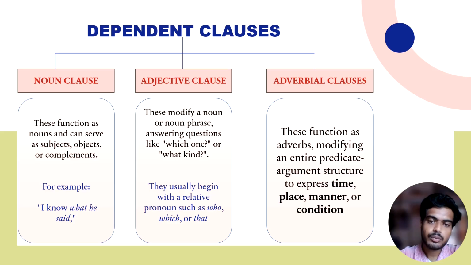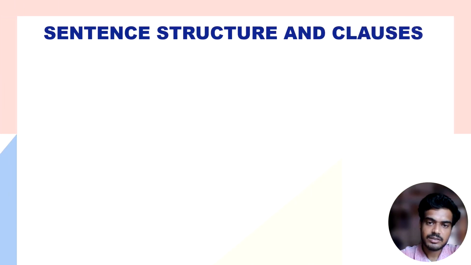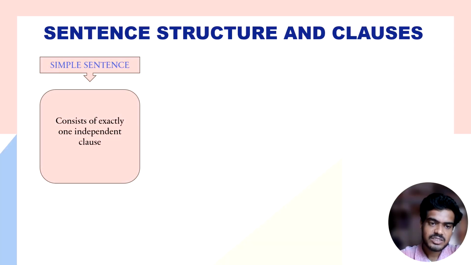Then we will classify each of them in detail. But before classifying, we must understand where this clause is used. First, in simple sentence. In simple sentence, it consists only an independent clause.